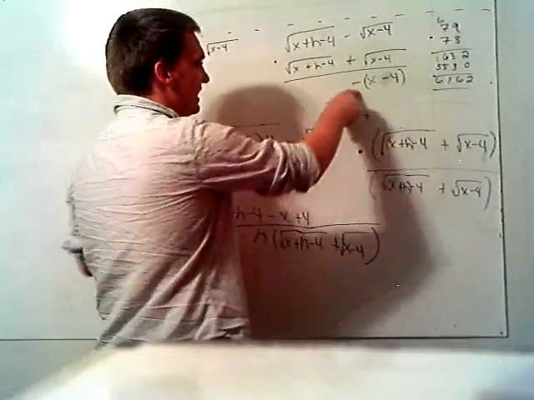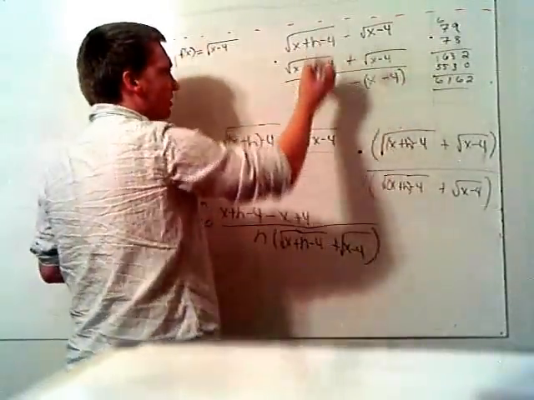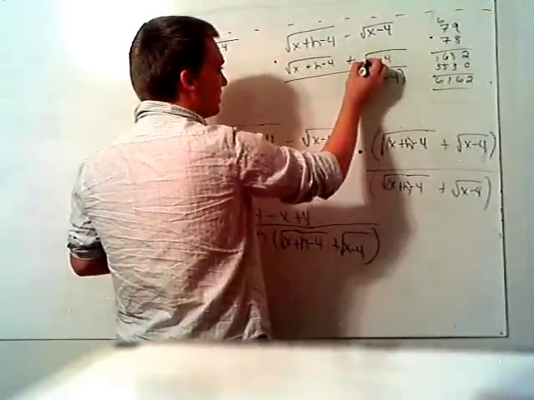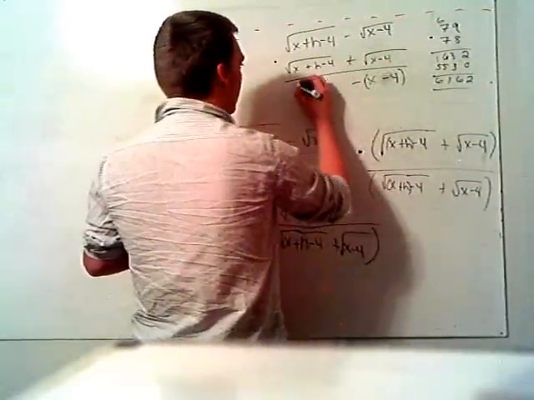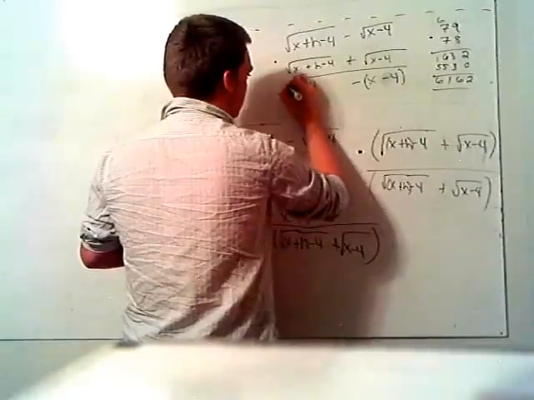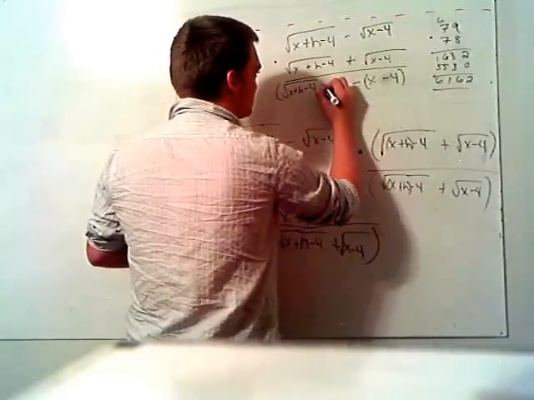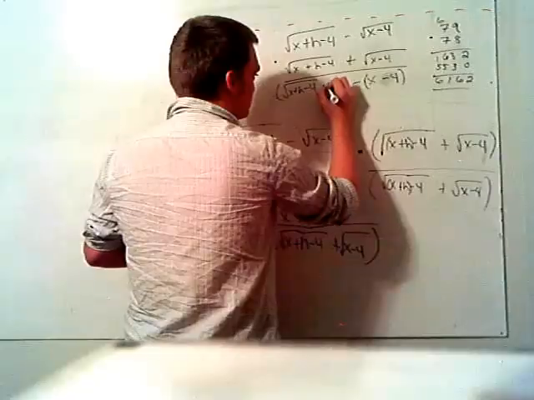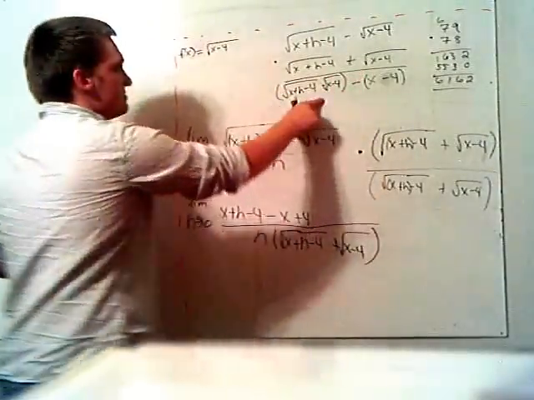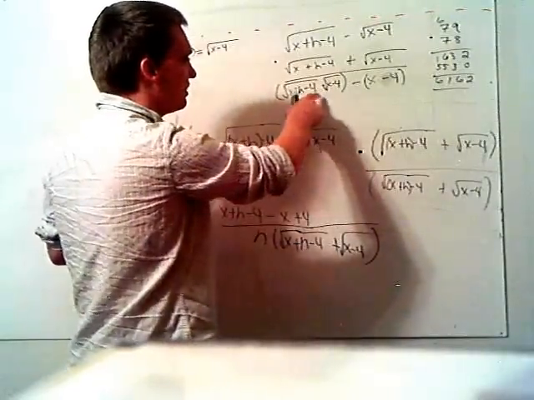So that's negative x, it's actually negative x plus 4, but we're going to leave it here, times, and then, we move over here and we get x, the square root of x plus h minus 4 times the square root of x minus 4.